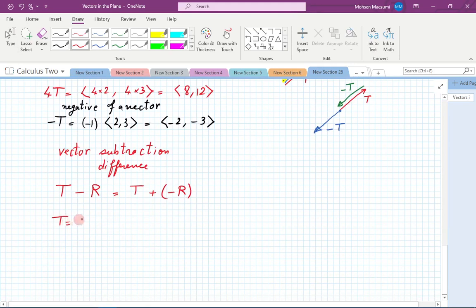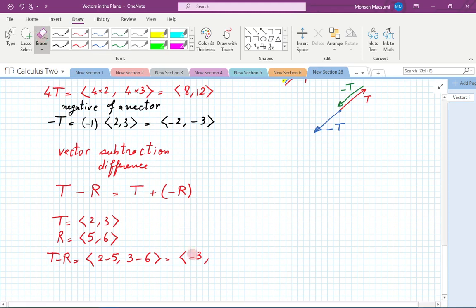So t was 2, 3, and r was 5 and 6. So t minus r, this is also a component wise operation. 2 minus 5 and 3 minus 6, and that is minus 3, minus 3.